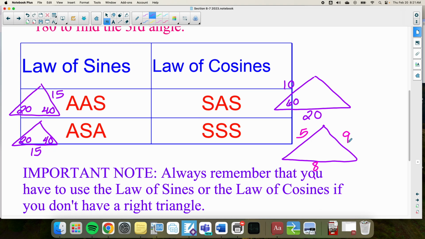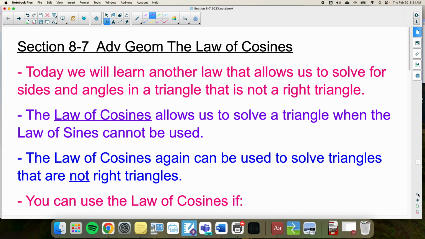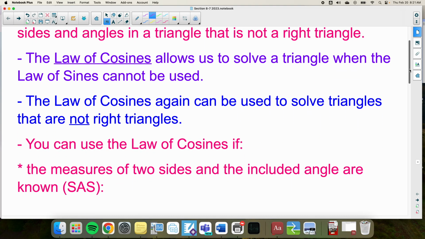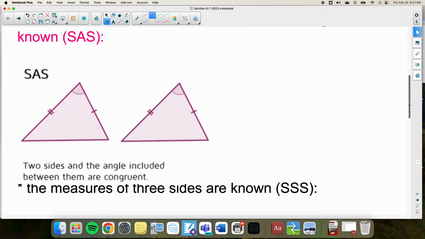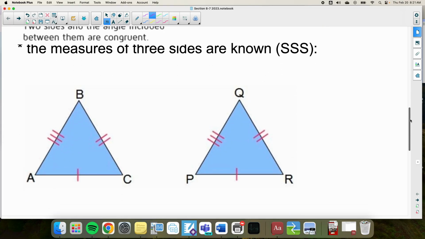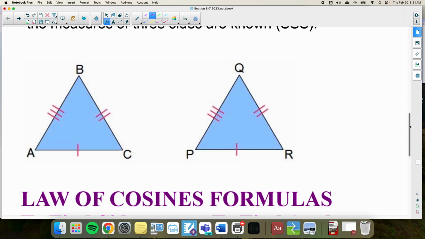So that is a chart that you have on your cheat sheet that we will be using to know which way we're gonna start them. But for today, the ones that they are going to give us are all gonna be side, angle, side, where I have two sides with the included angle. And then tomorrow, we're gonna be given side, side, side.